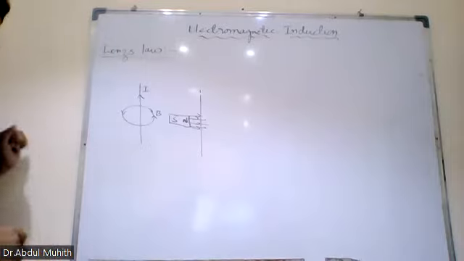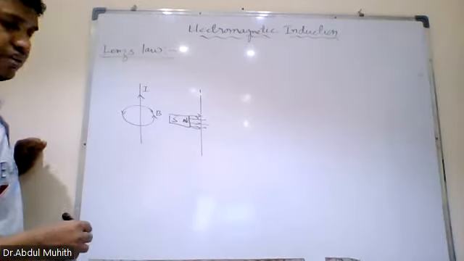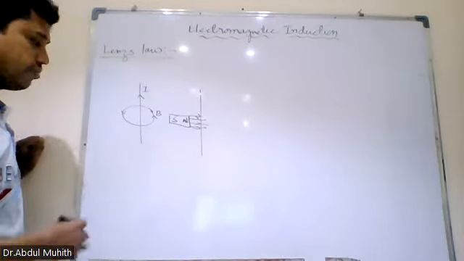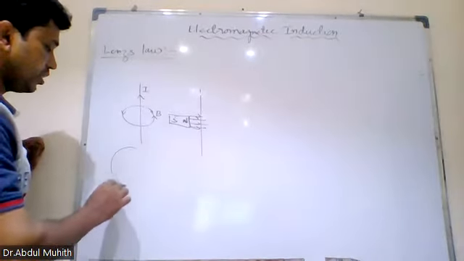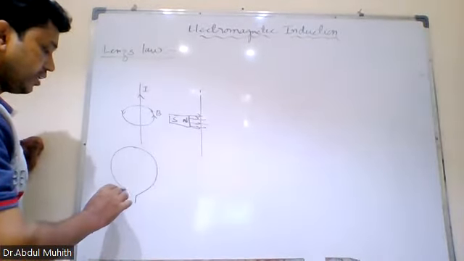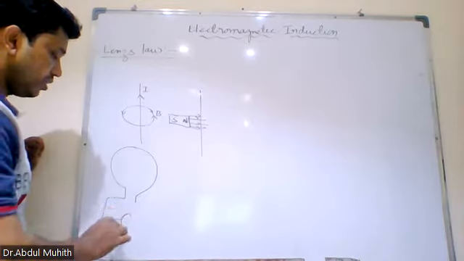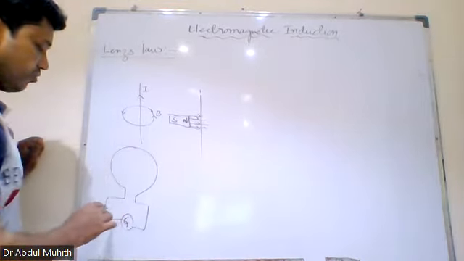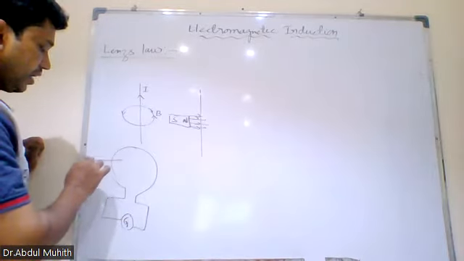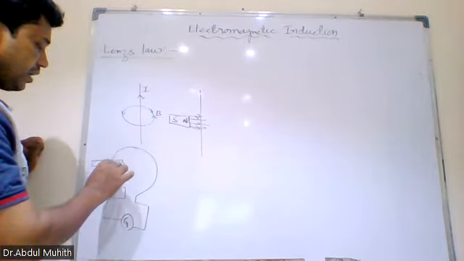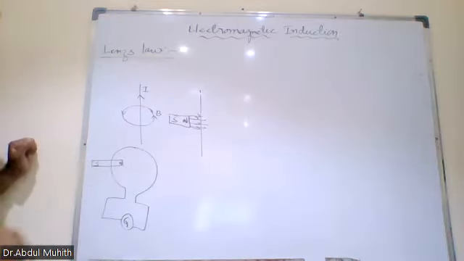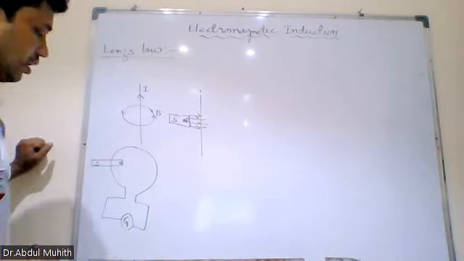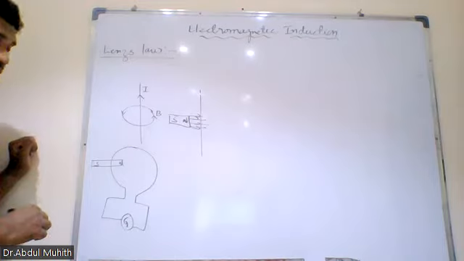Later on, Michael Faraday came to know that when he took a loop and connected this loop to a galvanometer, there was deflection. When you move the magnet very close to the coil or away from the coil, current is induced in the coil.